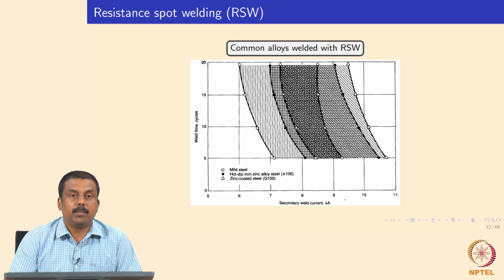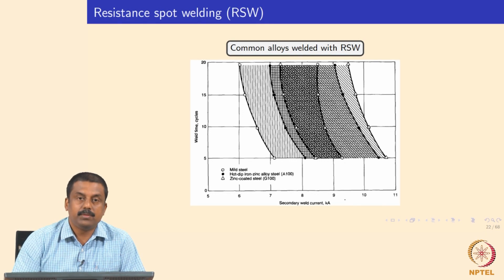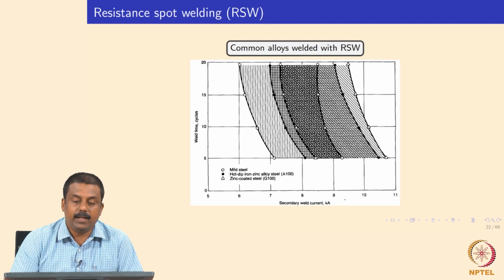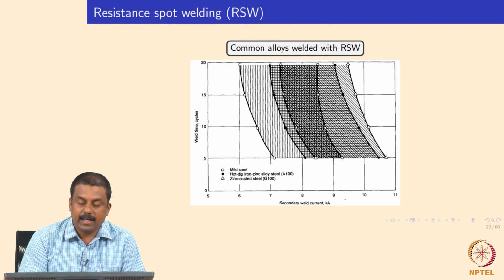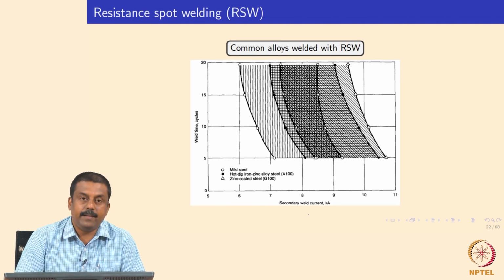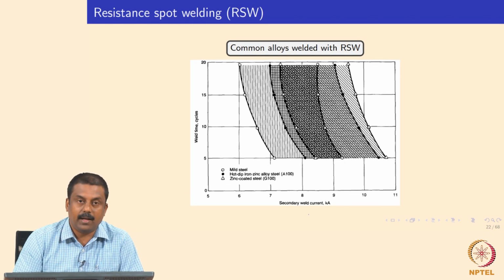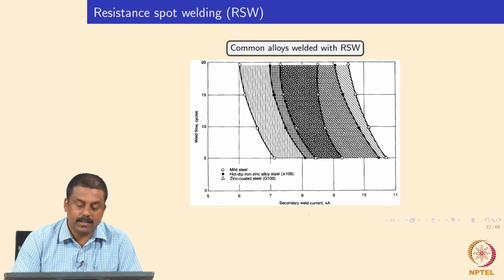So we will look at some of the commonly used process parameters for resistance spot welding. The current range, and the weld growth curves for various alloys, you can find in guidelines as well as in the handbooks.